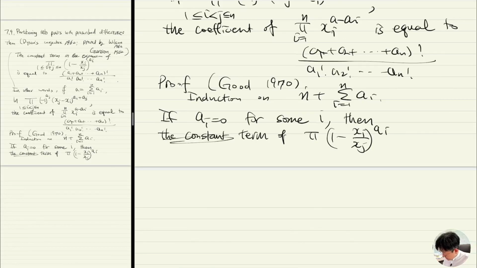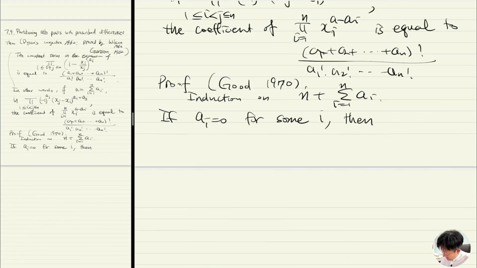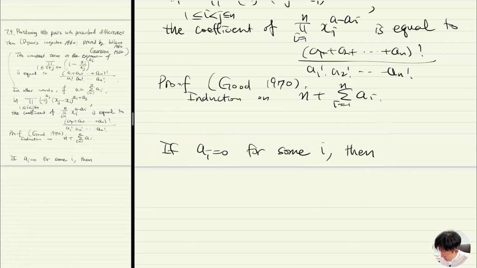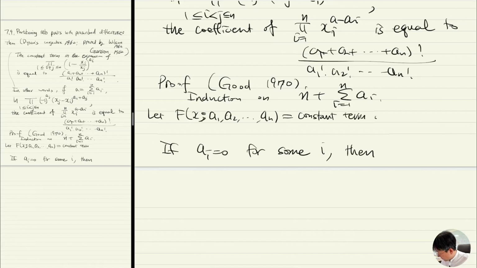Let f(x1, ..., xn; a1, ..., an) be the constant term of the product over i not equal to j of (1 minus xi over xj) to the ai.